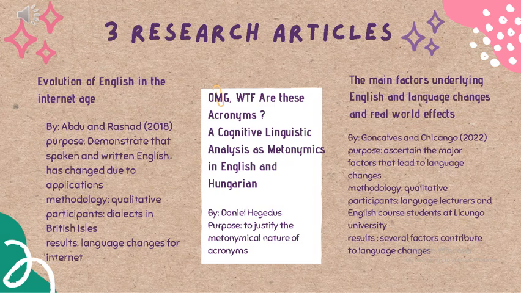It's actually a very interesting paper that was written, a cognitive linguistic analysis of metonyms in English and Hungarian. Metonyms are, for example, when you use different words to explain something.